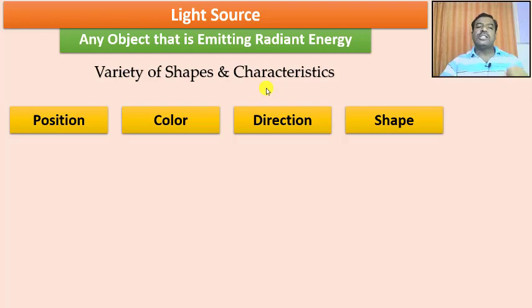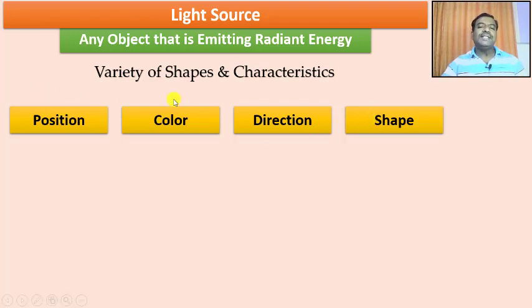The light source can have a position, where I want to position the light source in the scene, even if it's an object. The characteristics can be a color, what type of color the light is going to emit, what the direction of the light source is going to be, and what the shape of the light source is going to be.